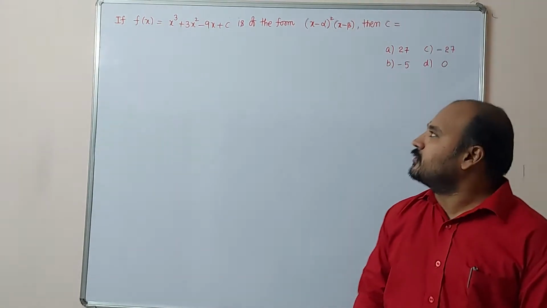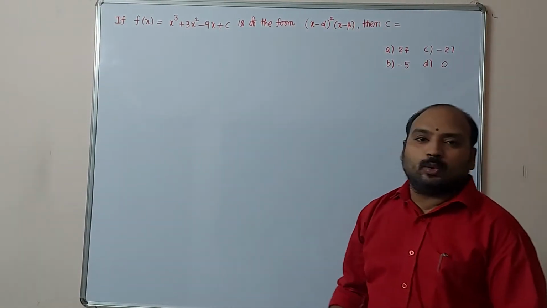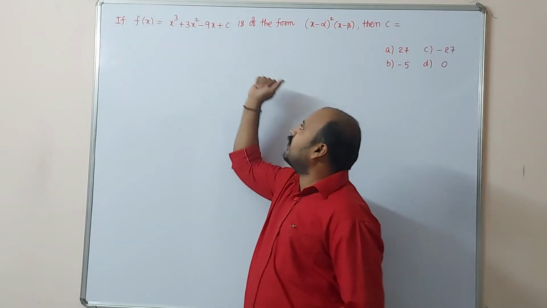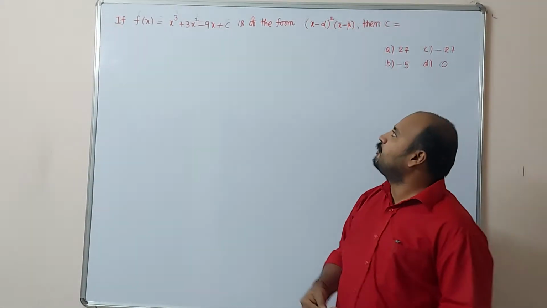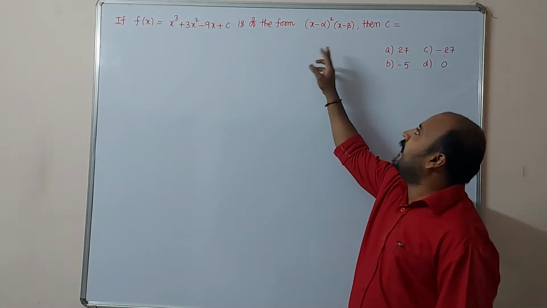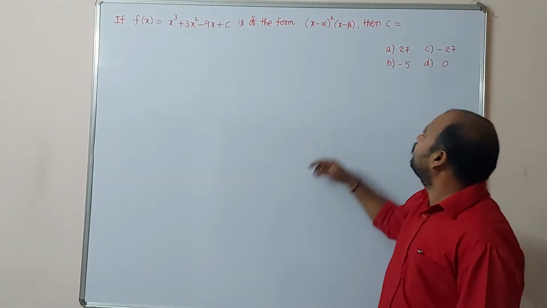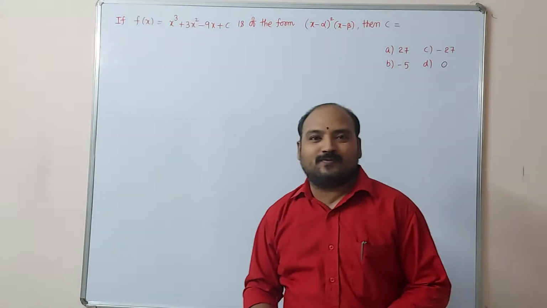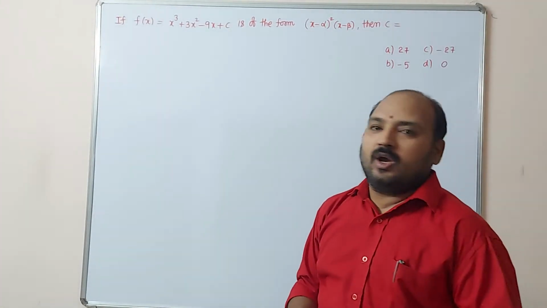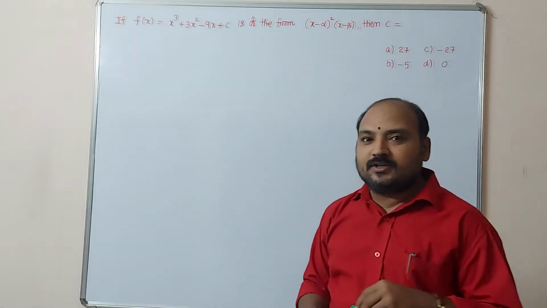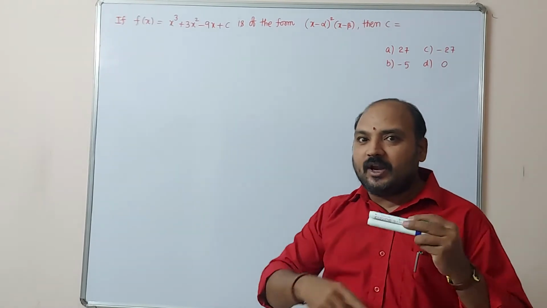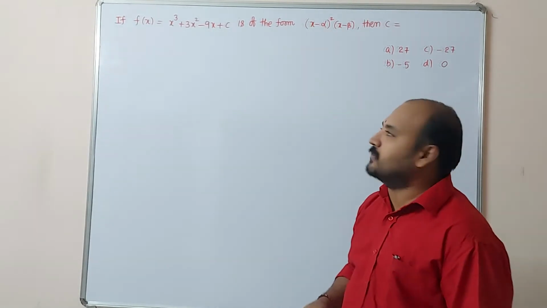The next question. If f of x equal to x cube plus 3x square minus 9x plus c is of the form (x minus alpha) whole square into (x minus beta), then c equal to, is a good question. This question is related to the repeated factor concept.